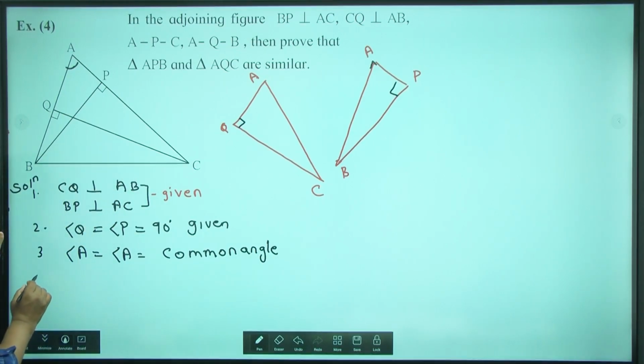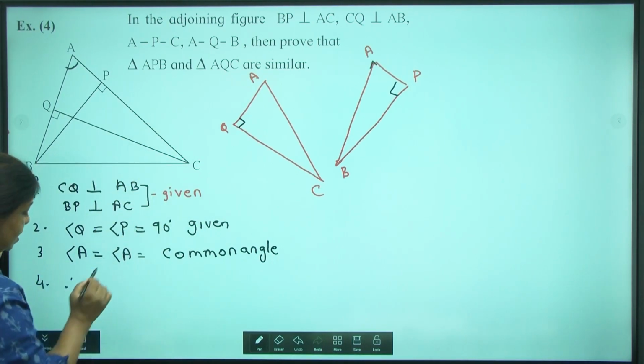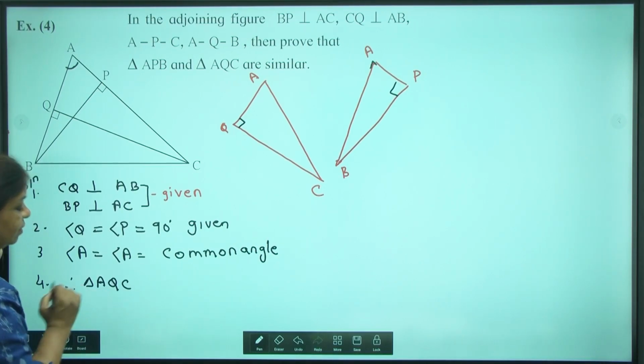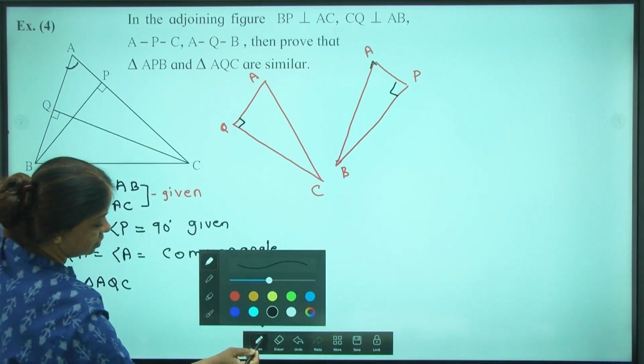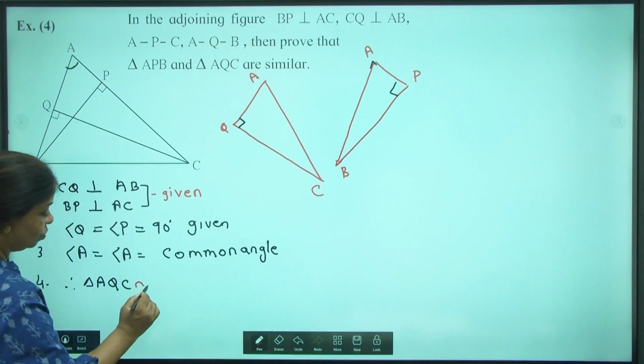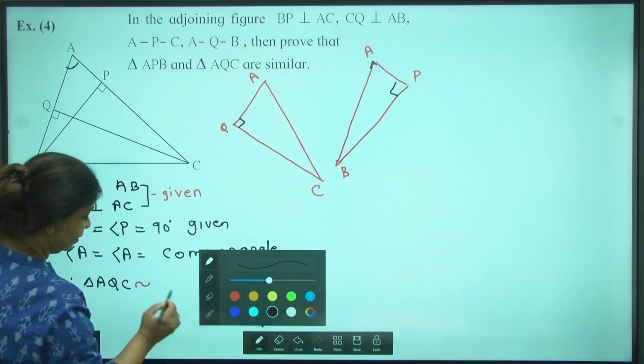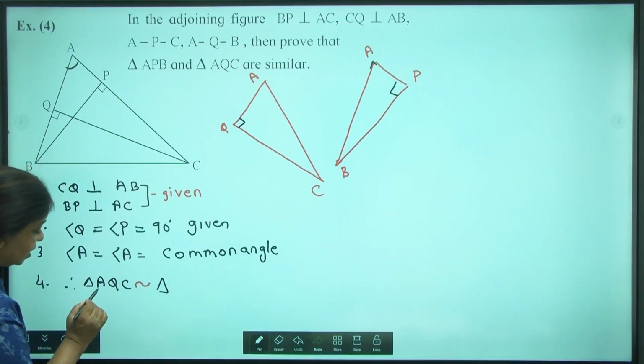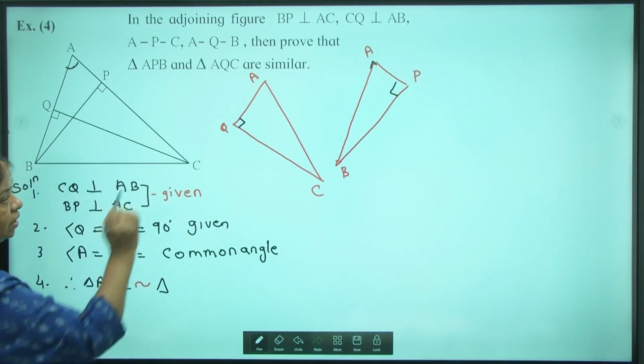And therefore, in the fourth point, we can say that triangle AQC is similar to triangle APB. It begins with A, and A is equal to A in the other triangle.